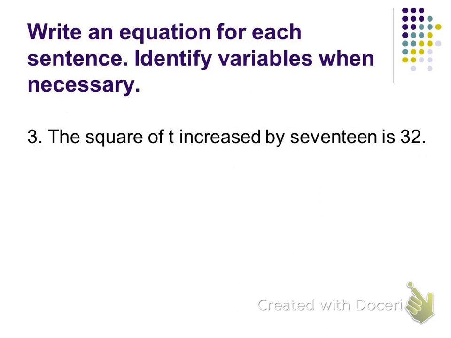So do you see how now we have a variable, but it's already been defined for us? So you don't have to say let t equal t. They already gave us that part, okay? So the square of t increased by 17 is 32. Great.